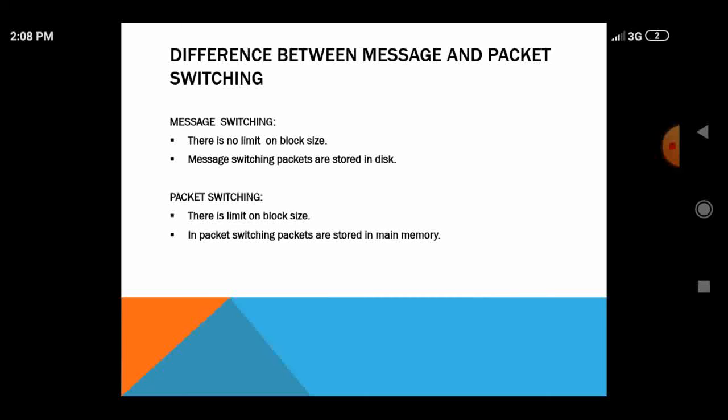These are the differences between message switching and packet switching. In message switching, we follow the store and forward method. In packet switching, the message is stored in main memory.